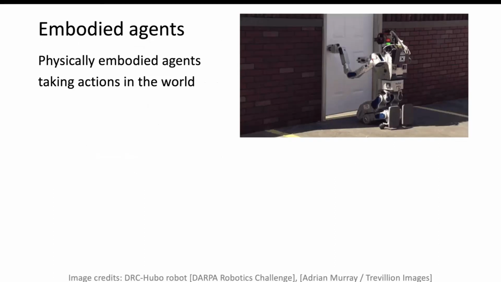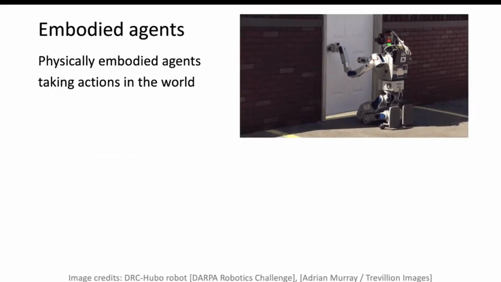And it involves a study of embodied agents, right? Familiar things, perhaps to most of you in the audience, robots that are physically embodied in the world and take actions in the world, like this robot participating in the DARPA Robotics Challenge, attempting to open a door.